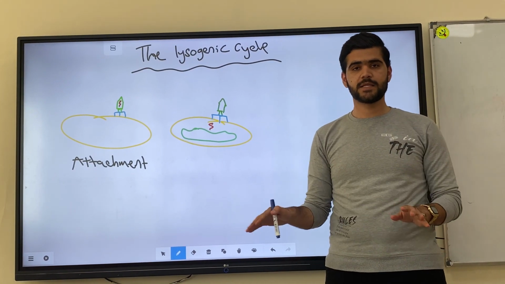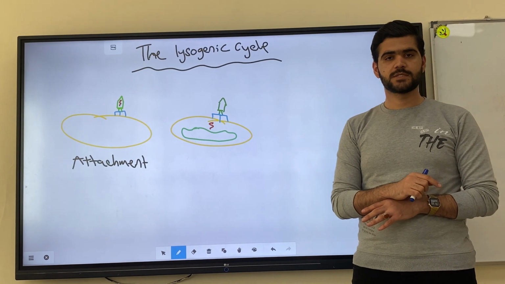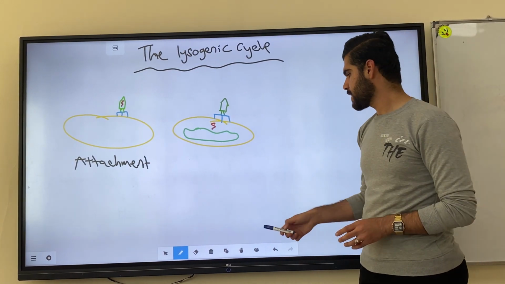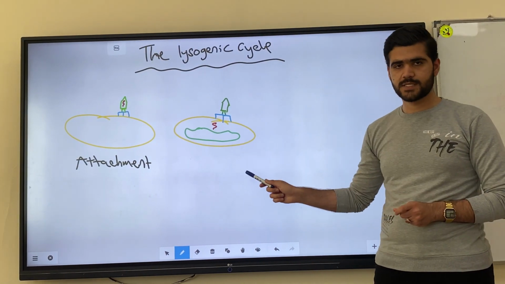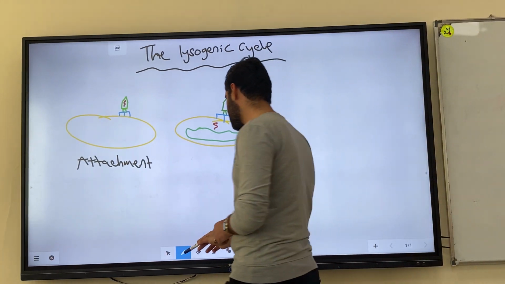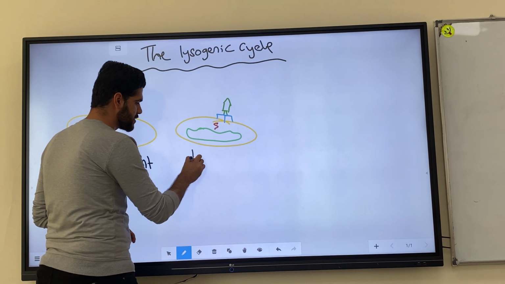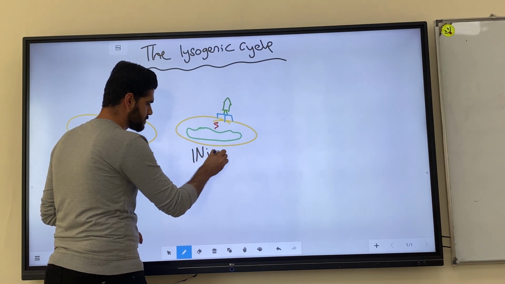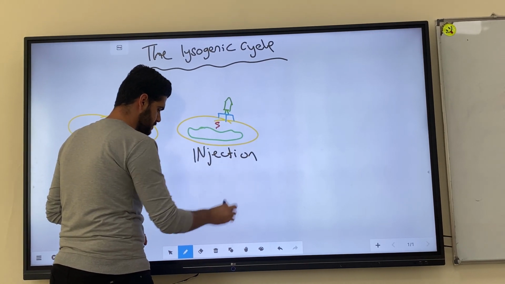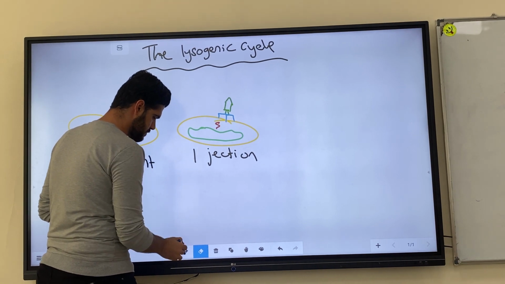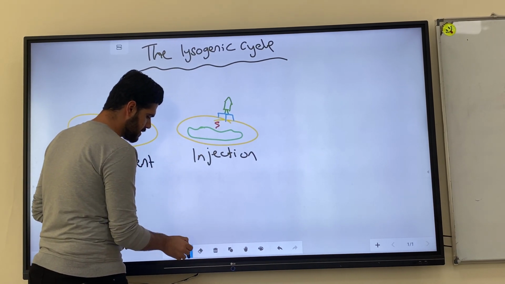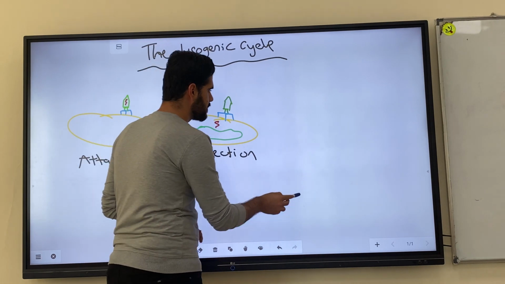It will not start replicating, and it will not cause any damage or disease. It will stay with the host cell for a long while. This step is called injection.